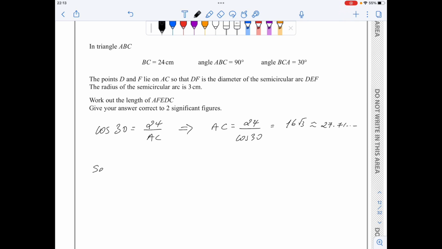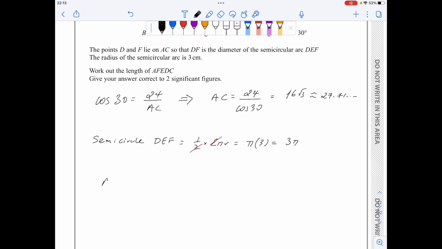Now the semicircle DEF is equal to half times 2 pi r. If I cancel out the 1 over 2 with the 2, I'll get pi r. r is equal to 3. So this will give me 3 pi.